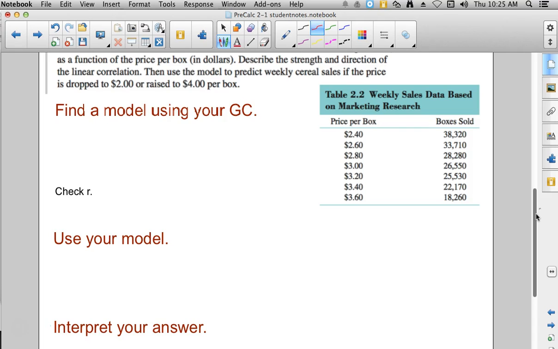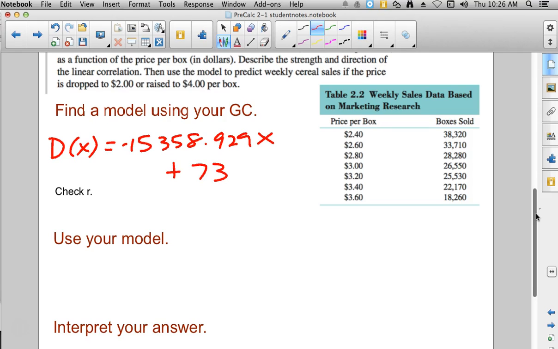So our model, which mine is covered up now, would have been, I'm going to use D of x for dollars, negative 15,358.929x plus 73,622.5.